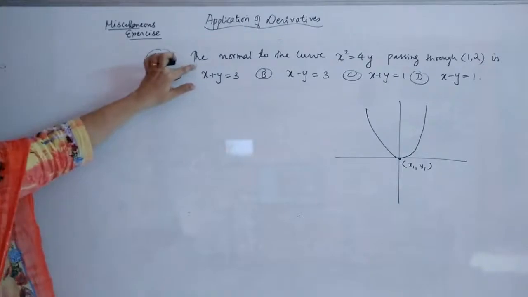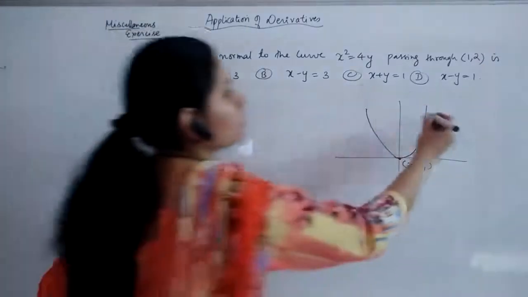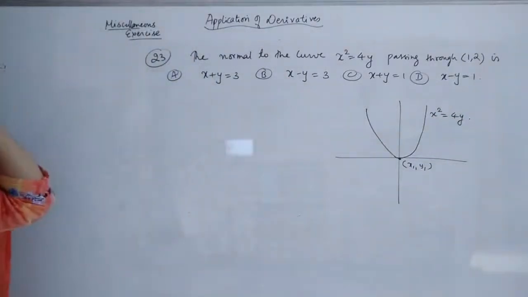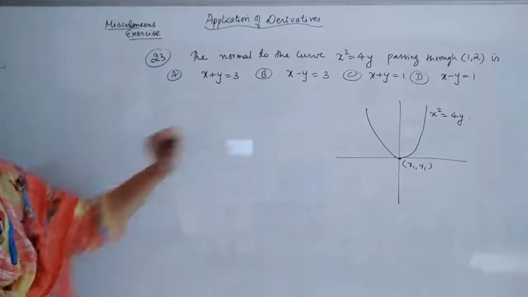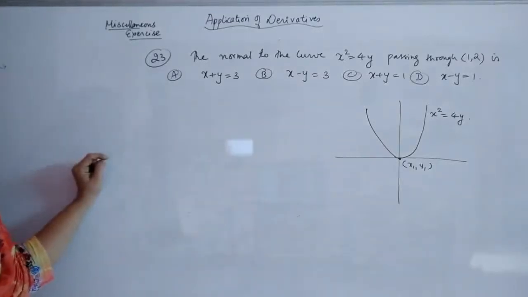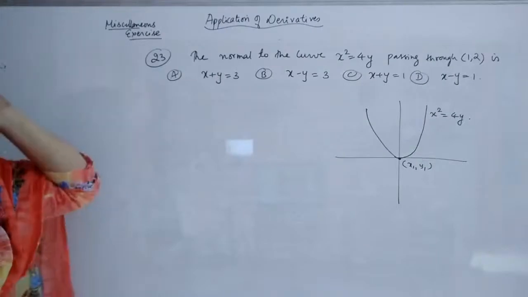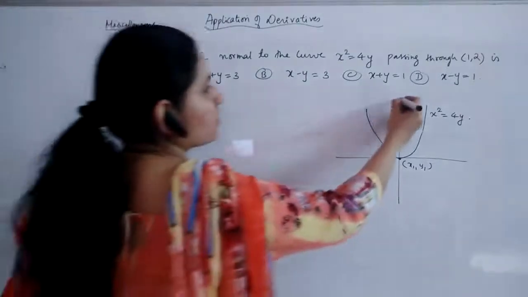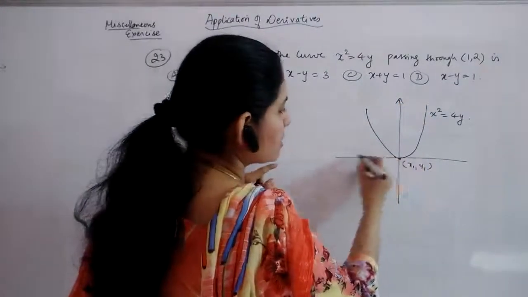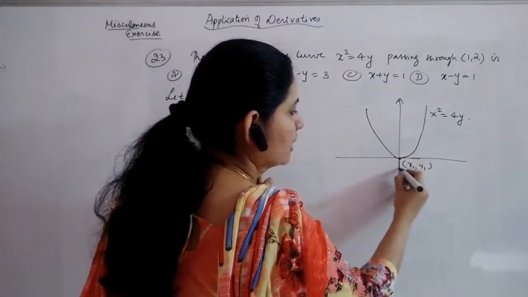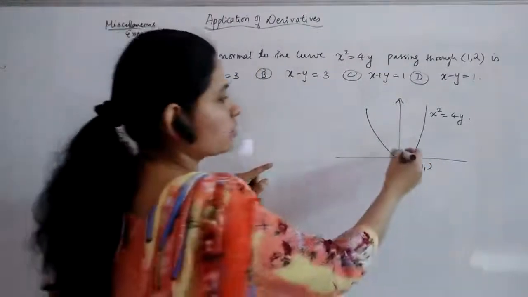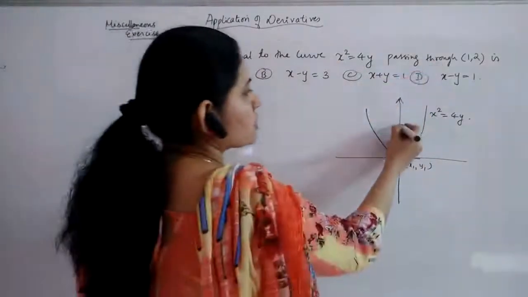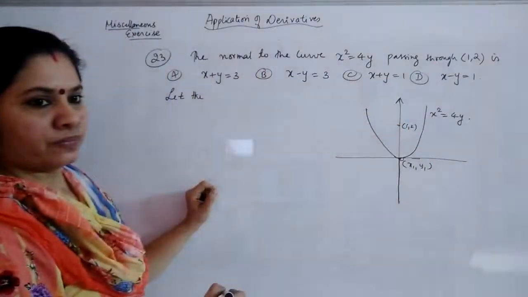Now you have to get the equation of the normal. For that, this is x square equal to 4y. Now again, since x square equal to 4y is passing through the point (x1, y1), you can just say that it will satisfy the equation of the curve also. That means you can replace x and y with x1 and y1. So first we are taking, let the normal be. So this is actually normal. Why? Because here it is tangent, and normal and tangent are perpendicular to each other. So this, if I am extending, I can say that this normal is passing through some point. Suppose this is your (1, 2).